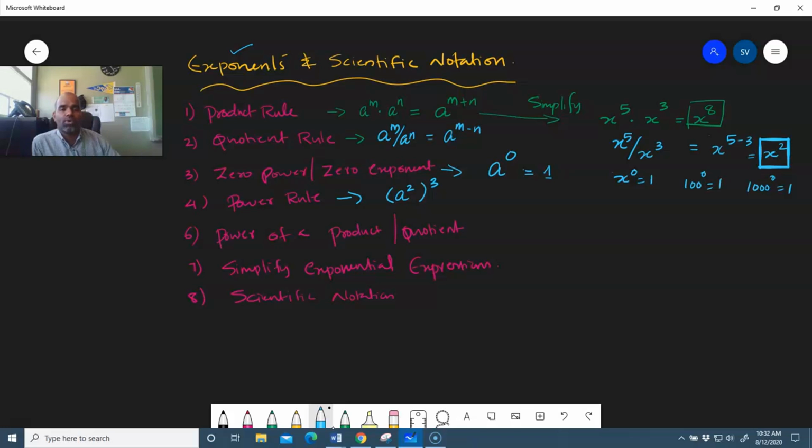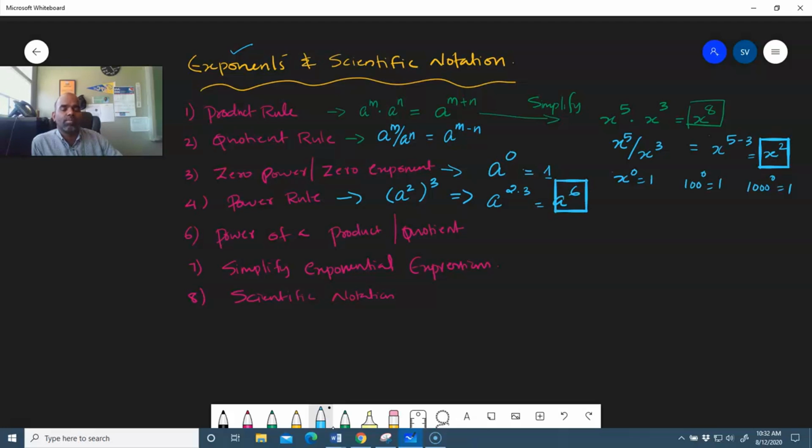So here you have two exponents or two powers. One is inside the parenthesis and one is outside the parenthesis. So basically what you need to do is, if this is in this form, that means one exponent is outside the parenthesis, you need to multiply the exponent outside with the exponent inside. So the answer is a to the power 2 times 3, that is a to the power 6.